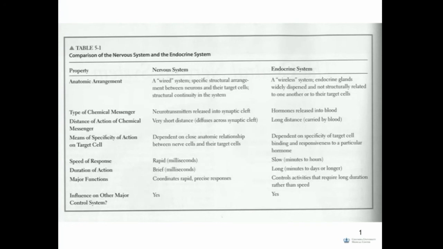However, if we look at the duration of the action, how long that action is going to last, with the nervous system, it's fast on, fast off, usually. Okay? You can get a very, very rapid onset of a response, but usually that response is very short-lived. It's a very precise and very rapid action, fast on, fast off.